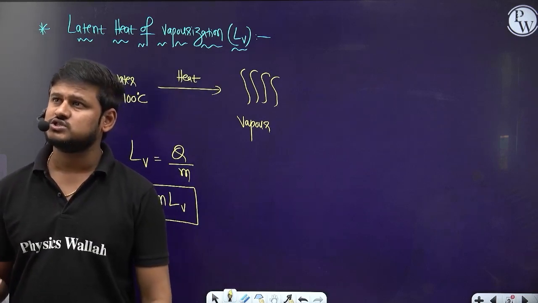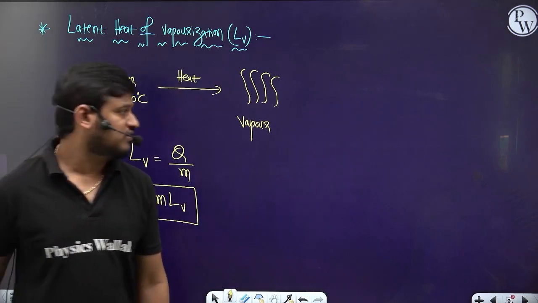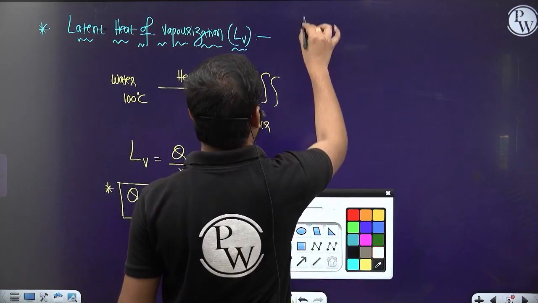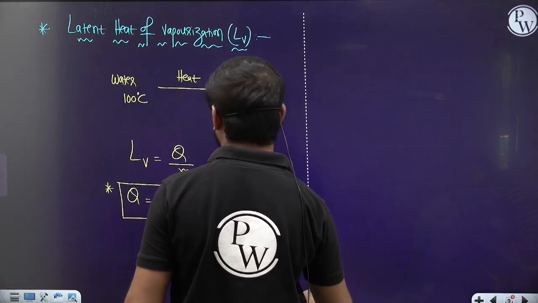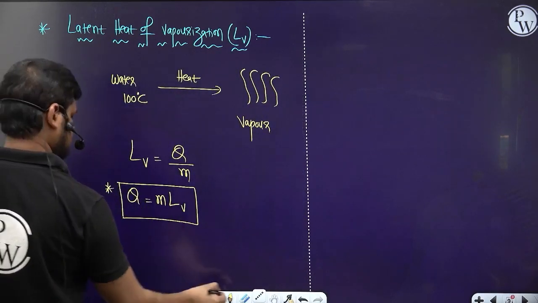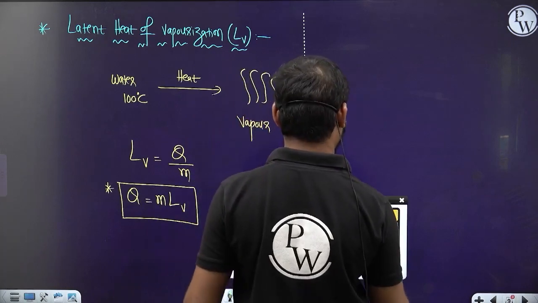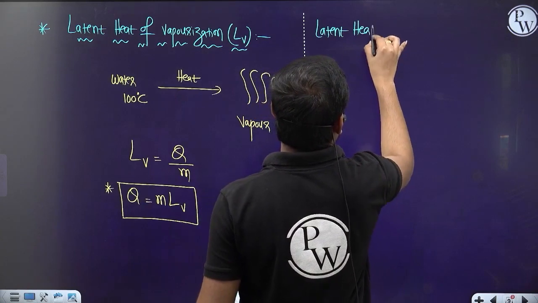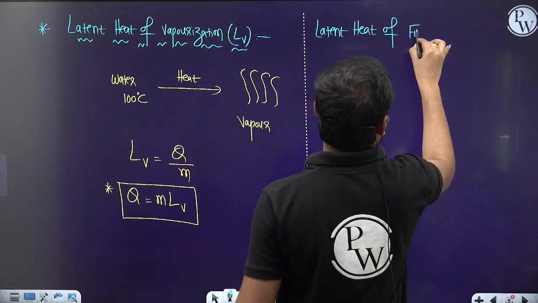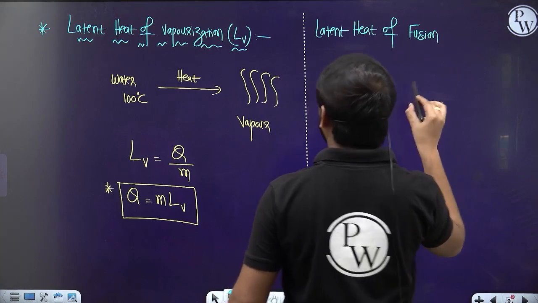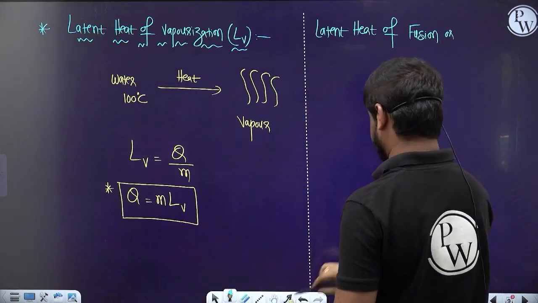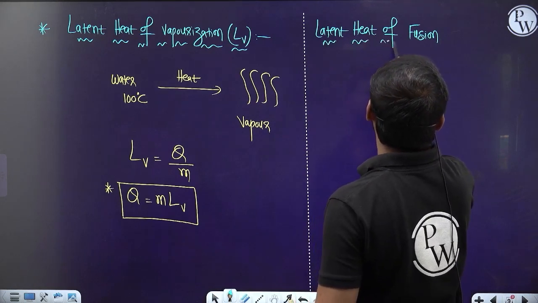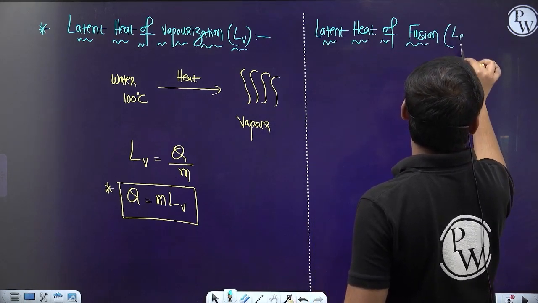Chalo. So similarly we have the latent heat of fusion, or melting, which is LF.